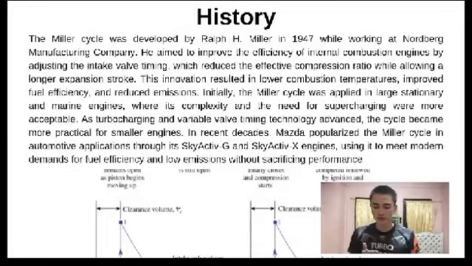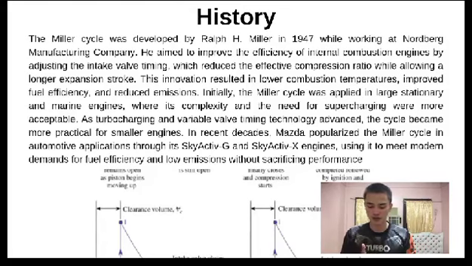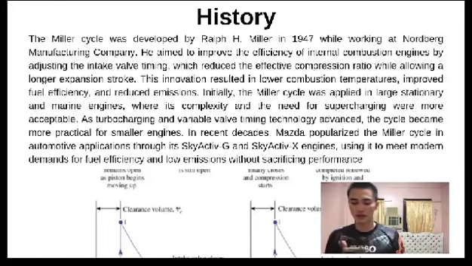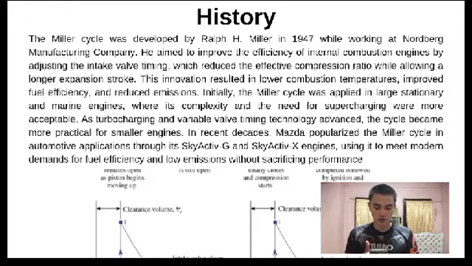The Miller cycle was invented in 1947 by Ralph H. Miller, an engineer at Nuremberg Manufacturing Company. His goal was to improve the efficiency of internal combustion engines by modifying the valve timing.